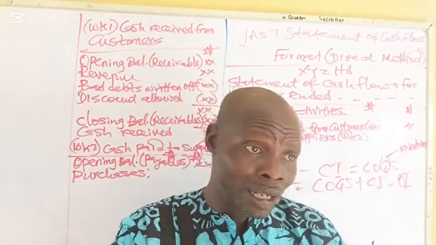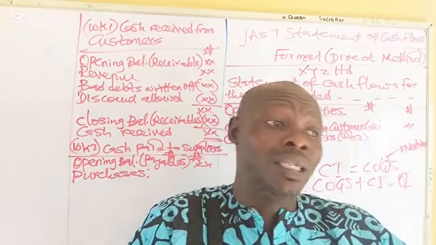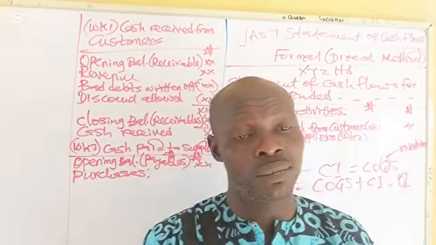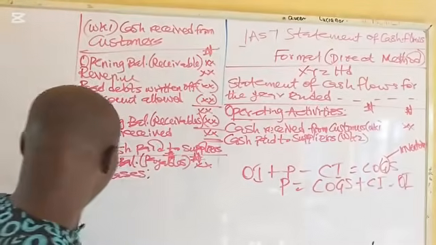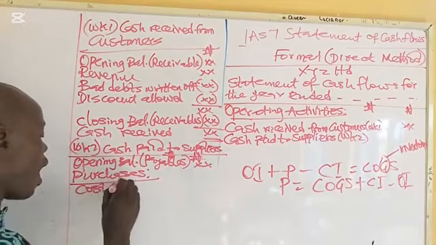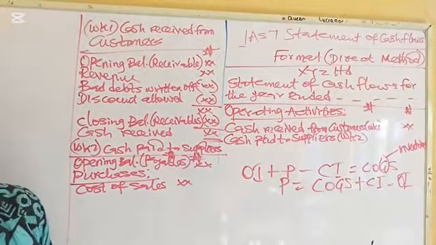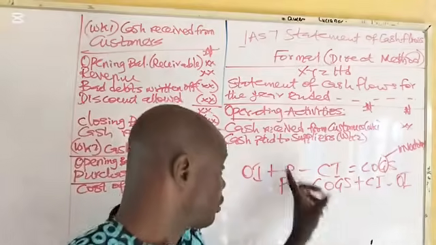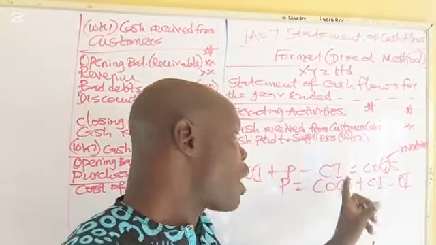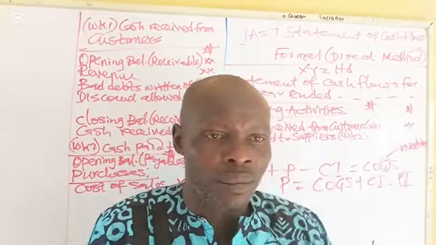Can you see that because of the depreciation that has been charged to get cost of sales, it has made it different from cost of goods sold. So, your purchases, you start with cost of sales. We want to convert our cost of sales to cost of goods sold.